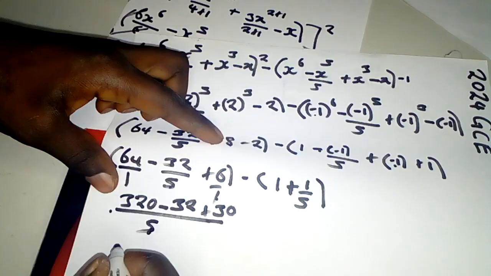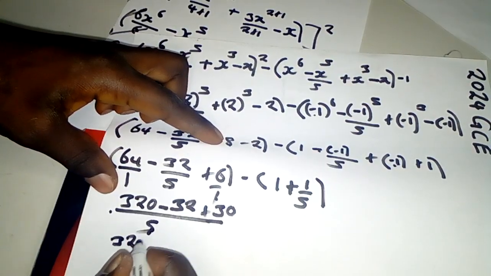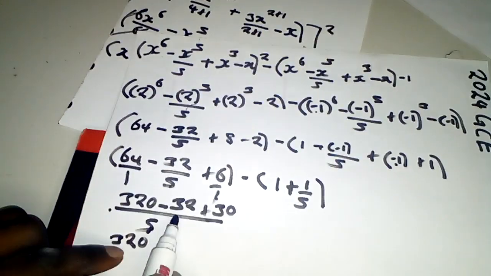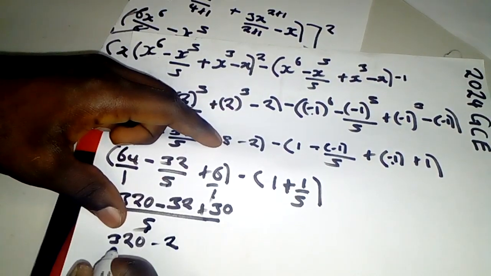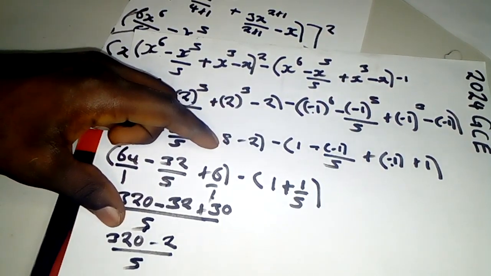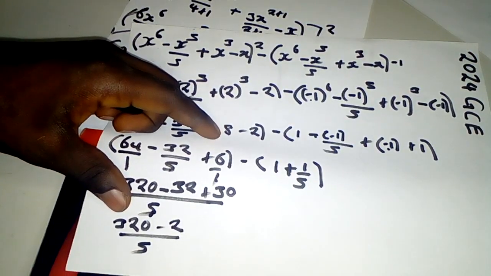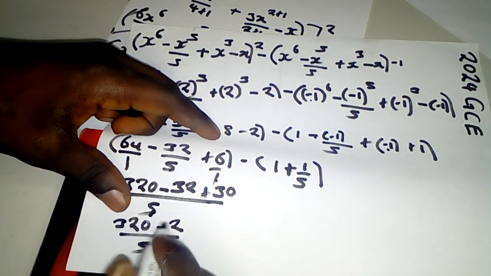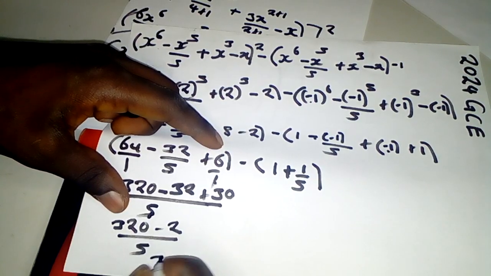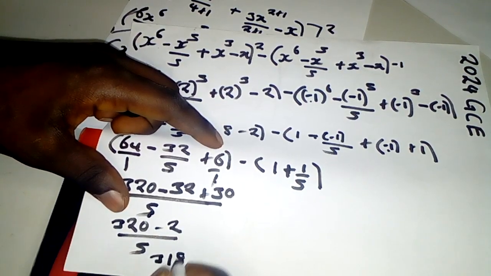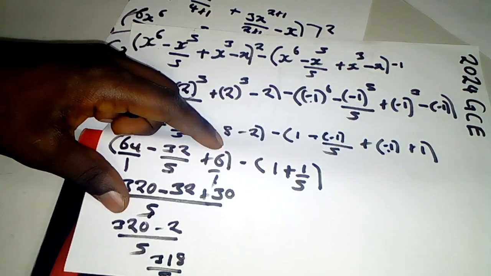So here 320. So 320, what is negative 32 plus 30? Here we'll get negative 2 divided by 5. Okay, so if we subtract 320 minus 2, we are going to get 318. We're going to get 318 over 5.